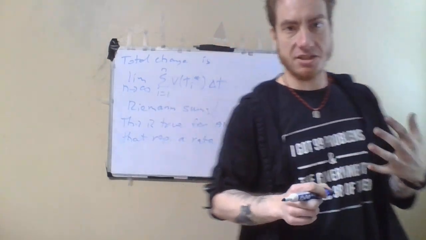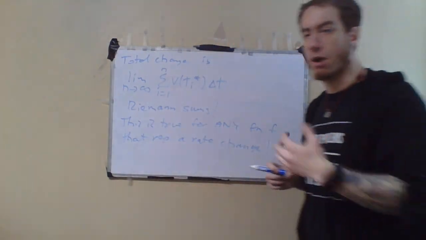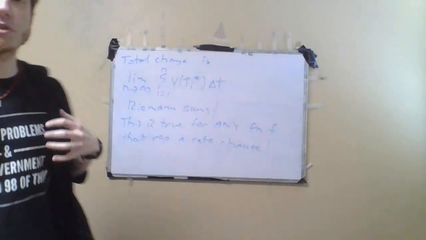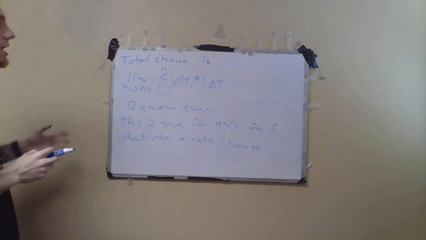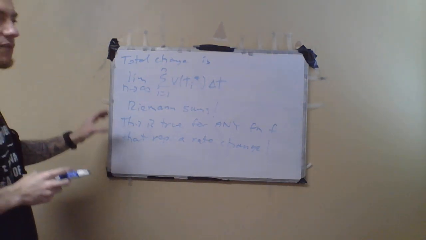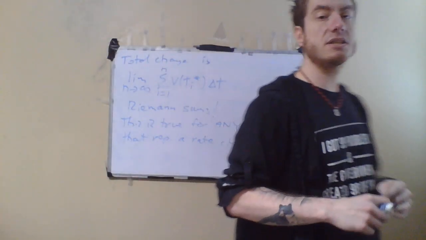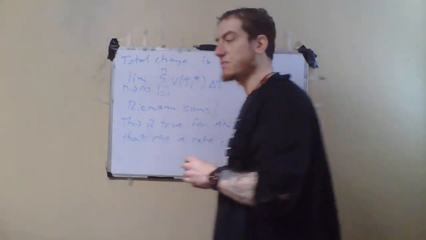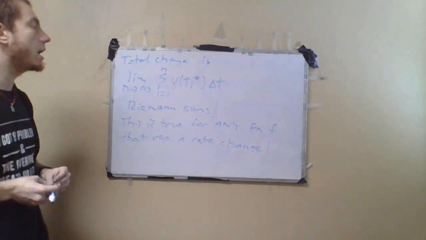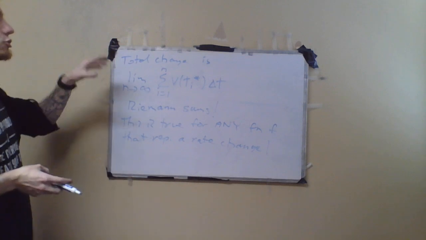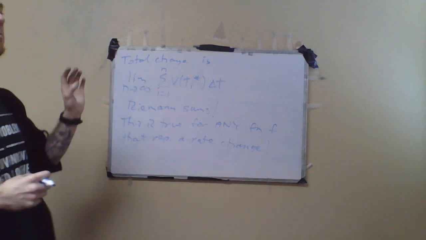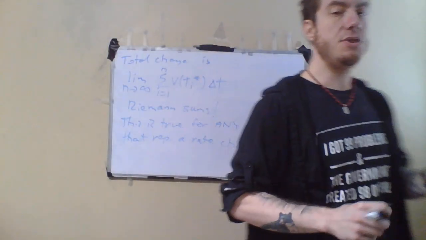But whether the function is bigger than or equal to 0 or not, the Riemann sums are still of interest because they give us an approximation to the total change. If our function represents a rate of change, this gives us an approximation to the total change.